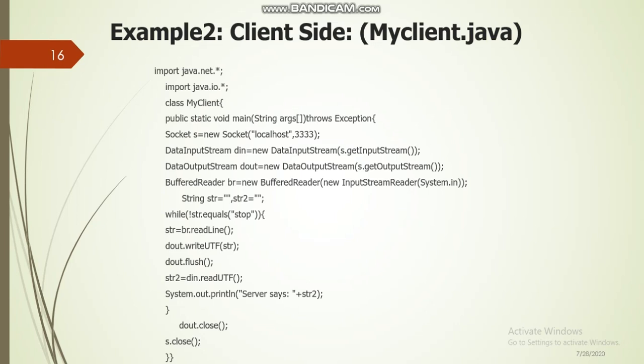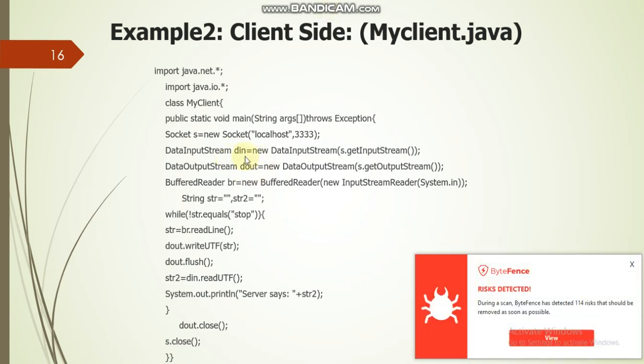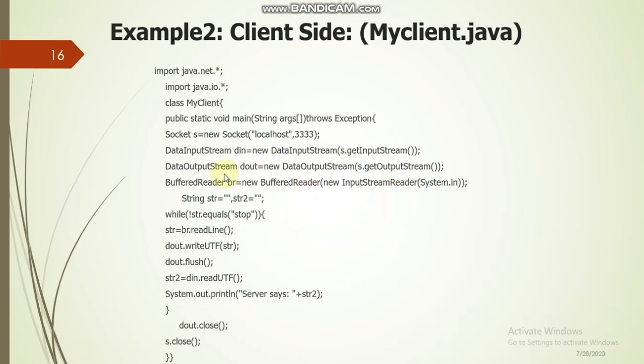That's why at client side we have written DataInputStream and DataOutputStream. DataInputStream to receive the message, DataOutputStream to be able to send the message. Now we need to read from the keyboard at client side. That's why we have written BufferedReader, new BufferedReader, new InputStreamReader, System.in. We are reading from the keyboard.